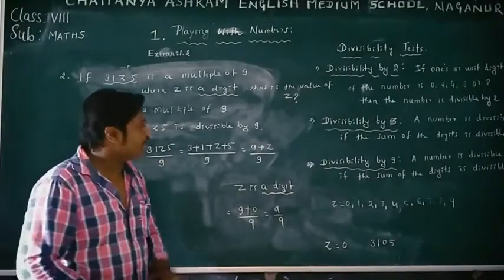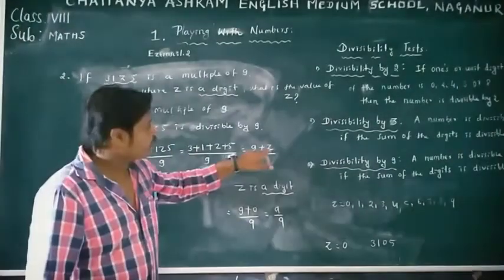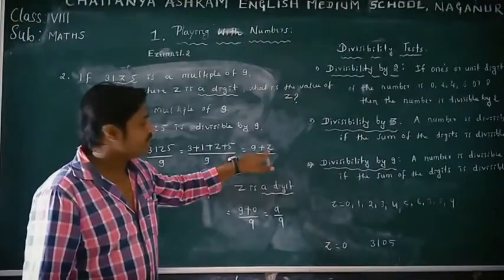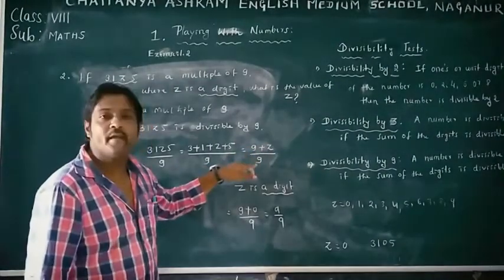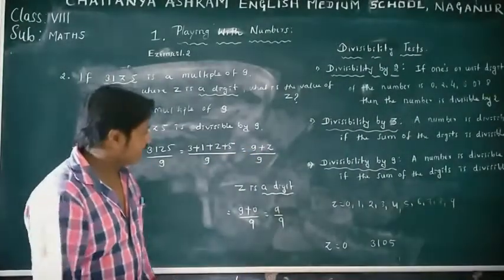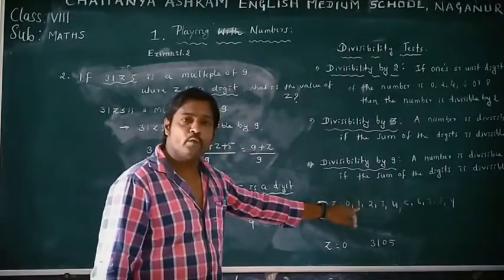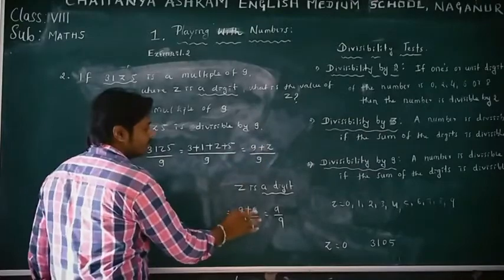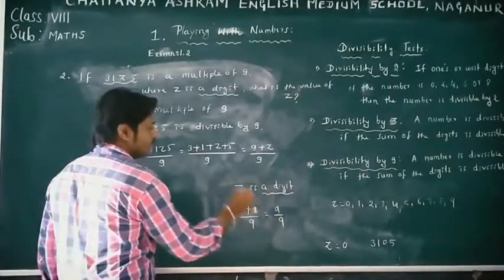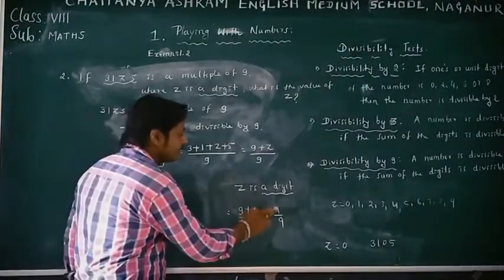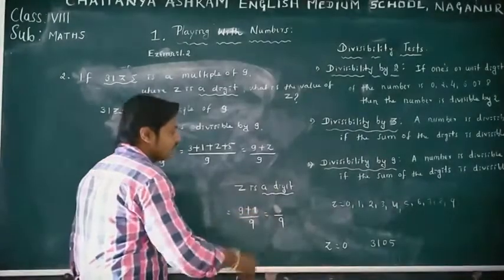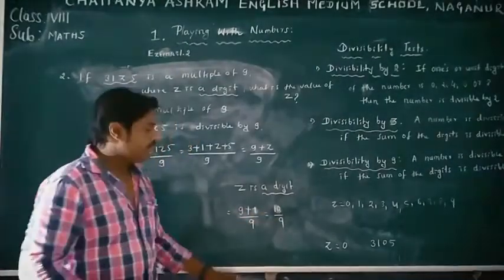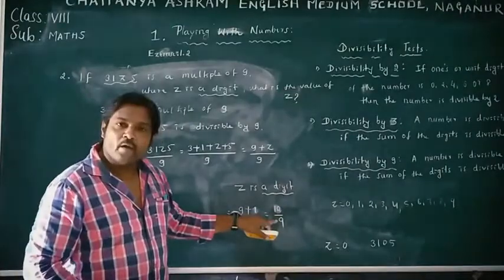Are there other values of Z? When you substitute those in place of Z, this sum is divisible by 9. Try, take Z equal to 1. Replace Z with 1. What is the sum? 9 plus 1, 10. Is 10 divisible by 9 or not?